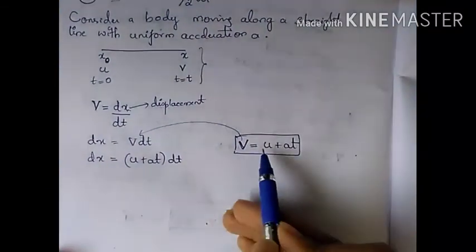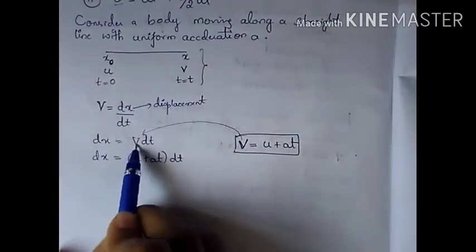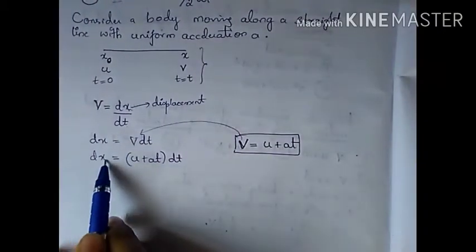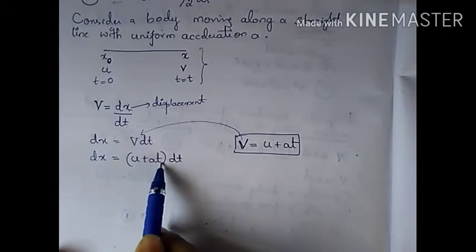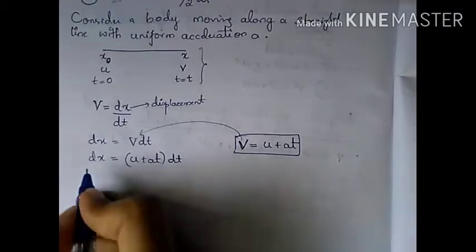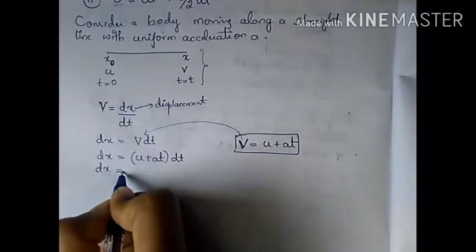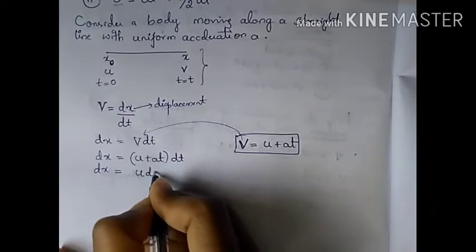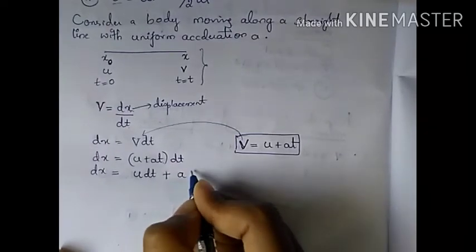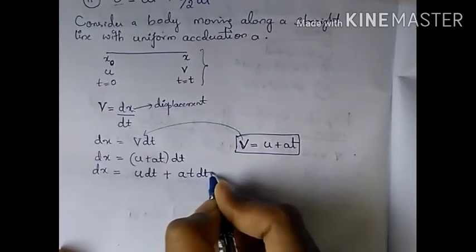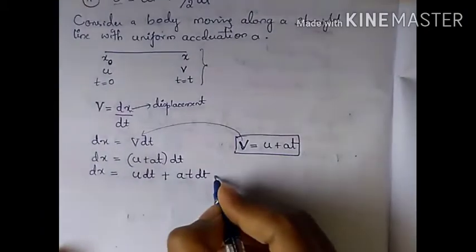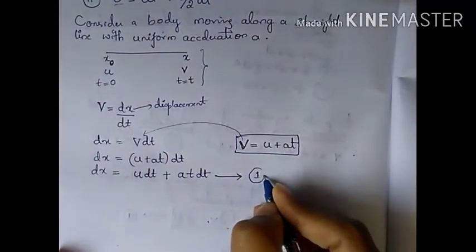Is this clear? I am just substituting v here. So now dx equals u dt plus at dt. Let us call this equation 1.